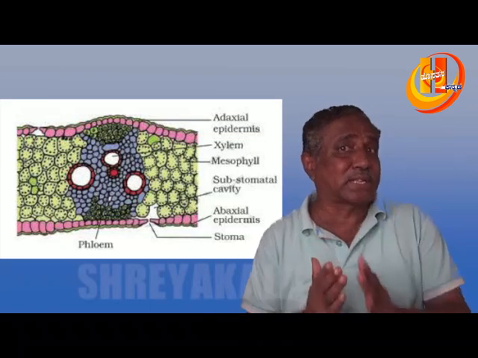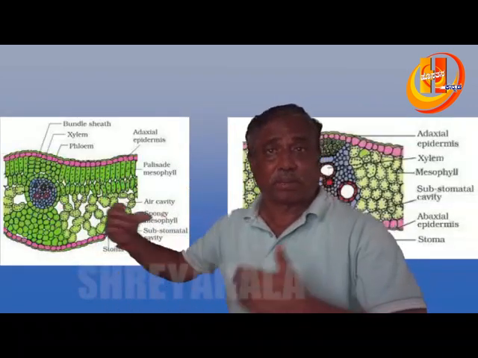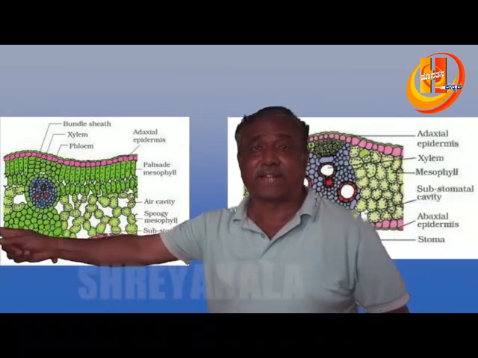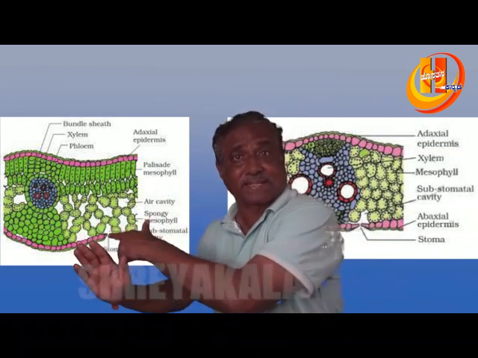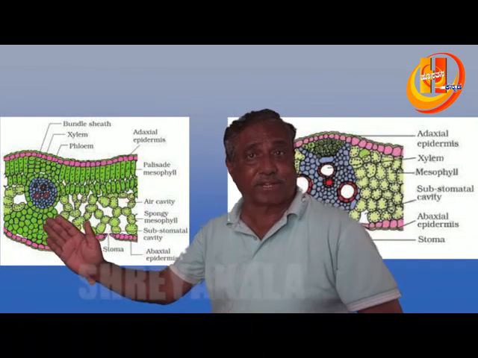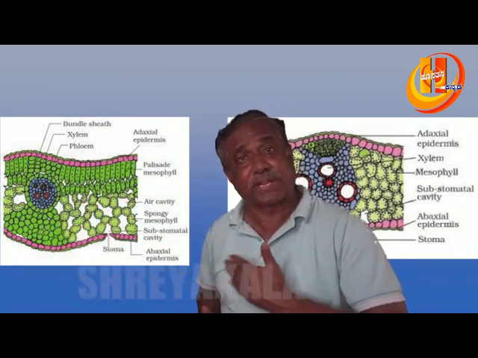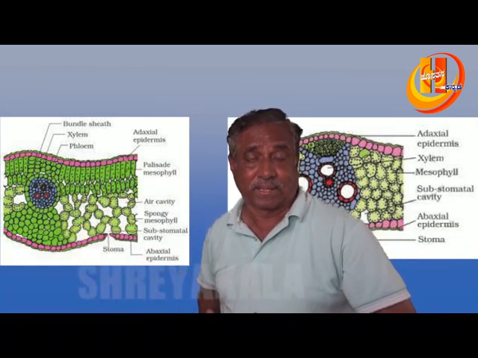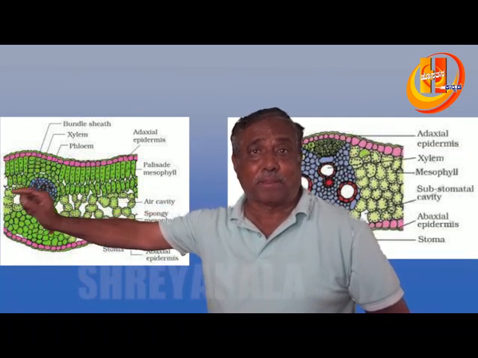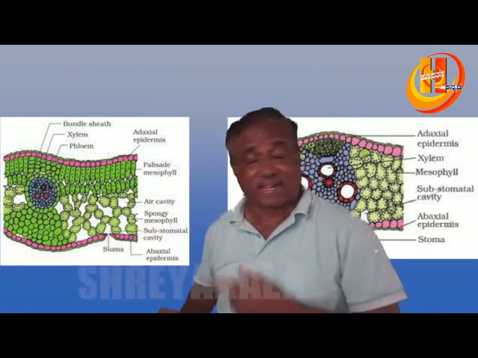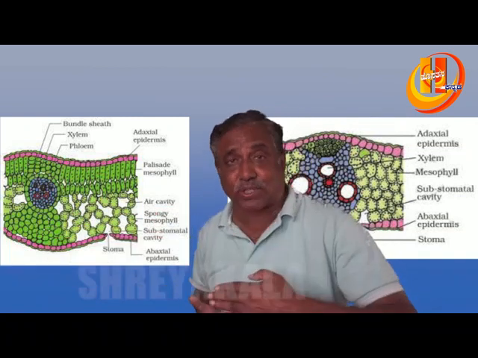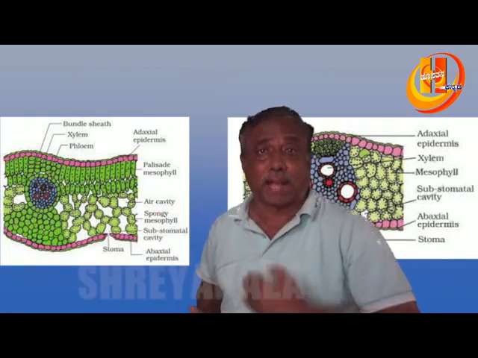Next, the differences between the dicot leaf and monocot leaf. This is a dorsiventral leaf and this is an isobilateral leaf. Adaxial and abaxial surfaces can be distinguished here. Here no such differentiation, hence called isobilateral leaf. And here more number of stomata are present towards the lower epidermis, hypostromatic, and here the number of stomata is more or less equally distributed, amphistomatic.